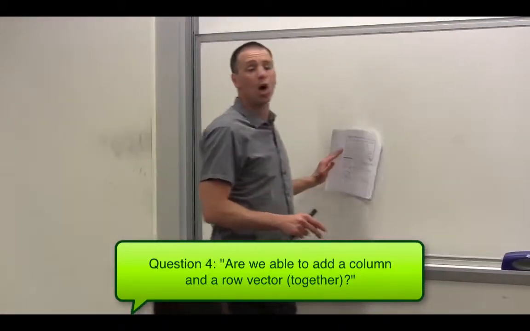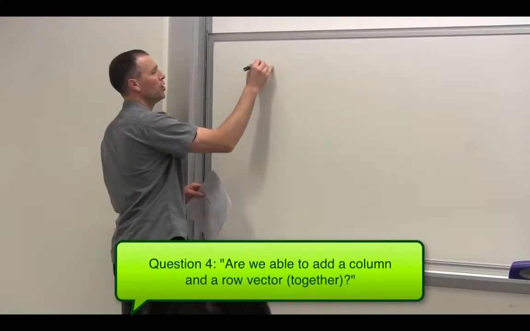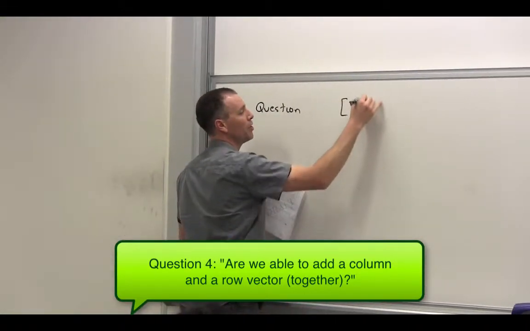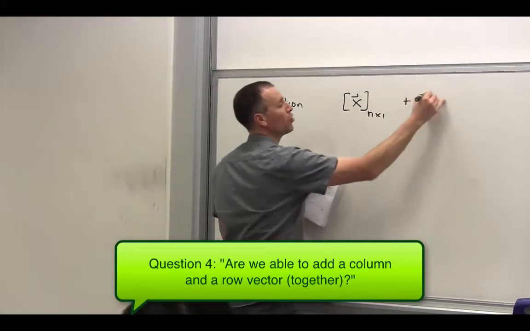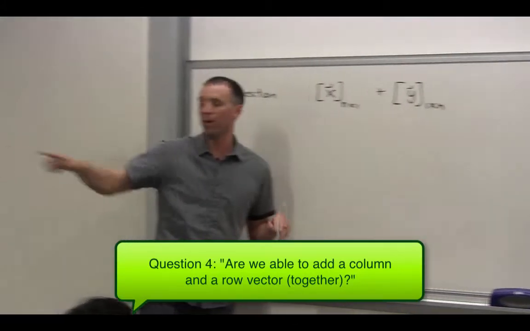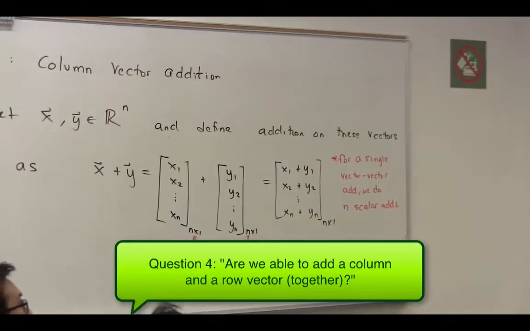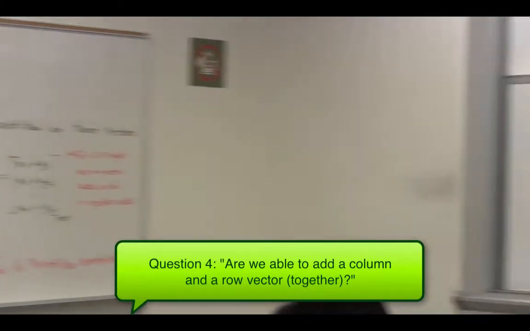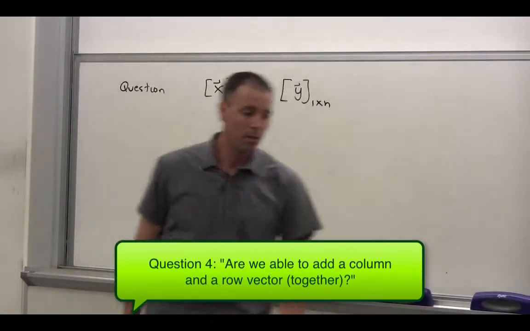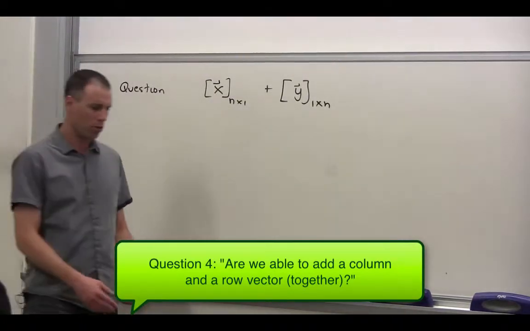Are we able to add a column and a row vector? Let's answer that. So let's suppose that we add x, which is n by 1, and we try to add that y, which is a 1 by n. What's the rule that we just stated? In order to add vectors, what must be true? The dimensions must be identical. In this situation, what do we say about these two dimensions? They are not identical because the number of columns does not equal the number of rows.